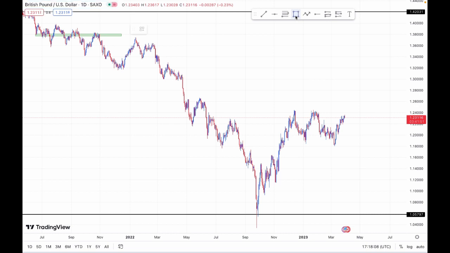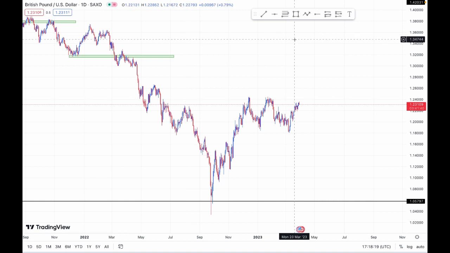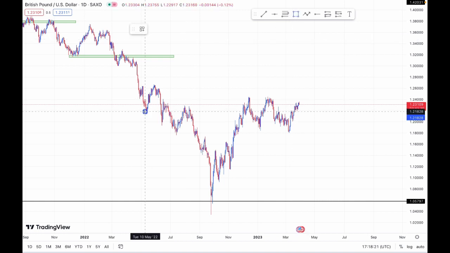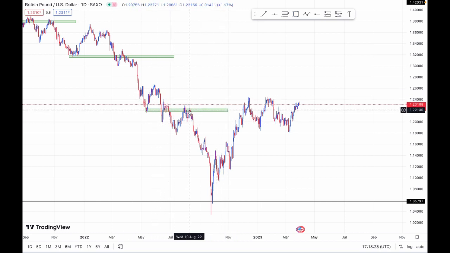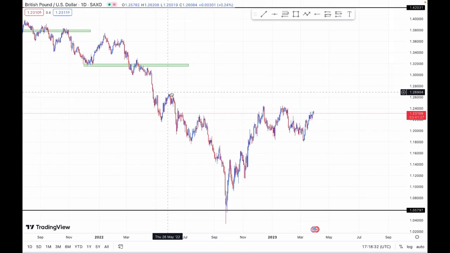Again, same thing here. We find a low. What does the market do? It falls below, retests, and it falls hard. And then another example, here's another low. The market fell below, came back, retested, fell hard. And basically that's it. That's what the market does over and over again, all the time.